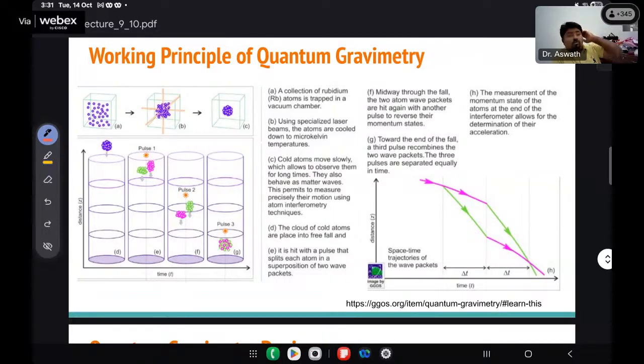So what they do first: if I trap the rubidium atoms in a vacuum chamber, atoms go here and there because of the surrounding ambient temperature. What you can do is fire lasers onto them.